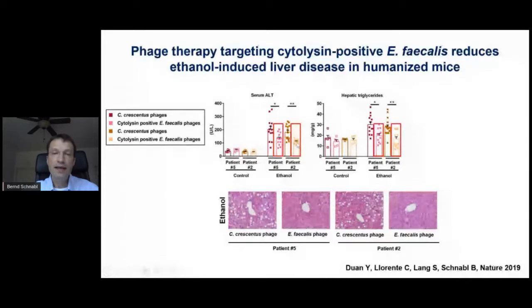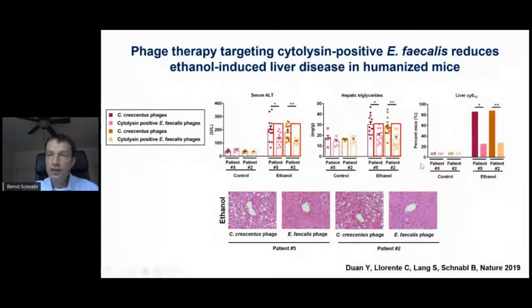And we have replicated this in a different mouse group colonized with a different donor who was cytolysin positive. And most importantly for us, what we have also been able to achieve by this bacteriophage treatment is that we can also decrease the cytolysin, the toxin in the liver that can directly kill liver cells.